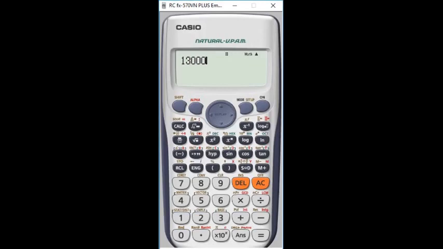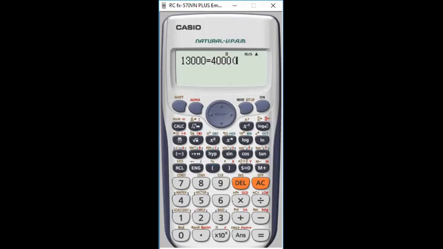Now we are required to put the equal sign, so press alpha then calc. This will put the equal sign on the calculator screen. After that, put the value 4,000, then bracket open.